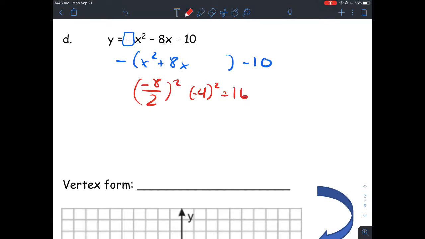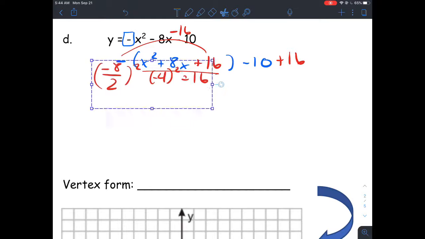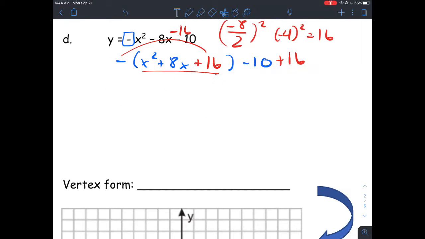We get negative 4 squared, which is going to give us a 16. So we're going to add 16 into the parentheses there. But we didn't actually add 16. We put in a negative 16. So then to counteract that, we have to add 16 on the outside. Don't forget to redistribute this coefficient. It's very important.